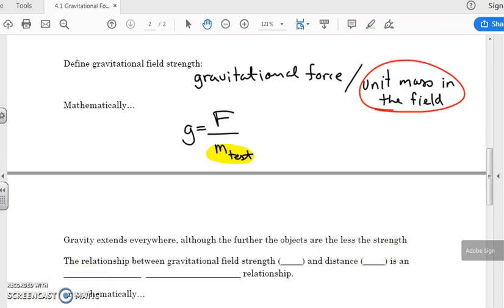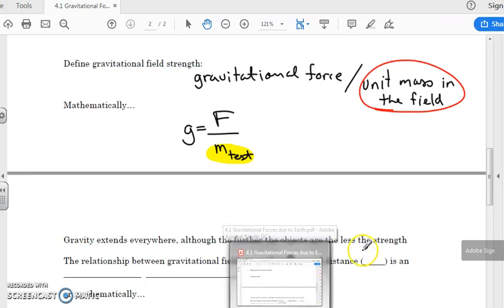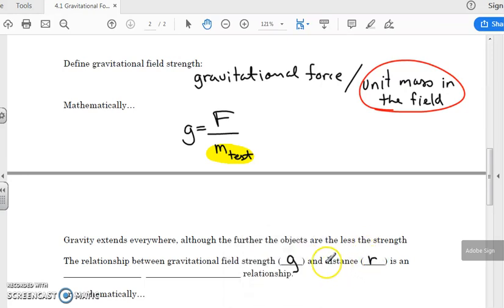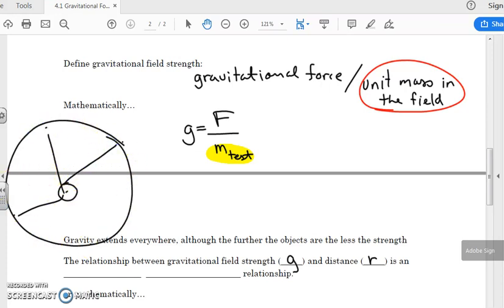The relationship is between the gravitational field strength, which we symbolize with this g, and the distance between them, and we're going to use r for that because it is a radius. It could be in any direction, so it could be between here and here, or here, or here. This distance is the same, and so we use r representing a radius.